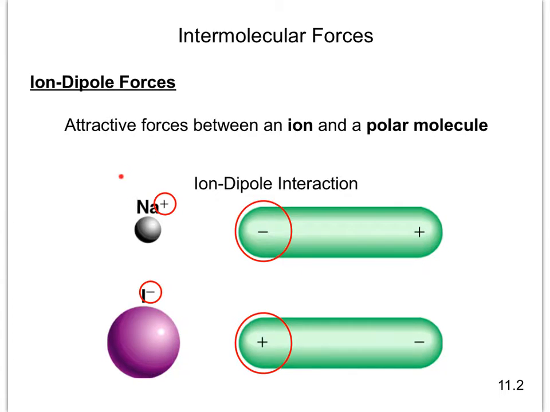So this is a pretty strong attraction because the ion has lost or gained a full electron, so it has a full charge, whereas the polar molecule has a charged end. The electrons are just unevenly spread out. One hasn't been totally lost or gained. So this is a strong attraction.